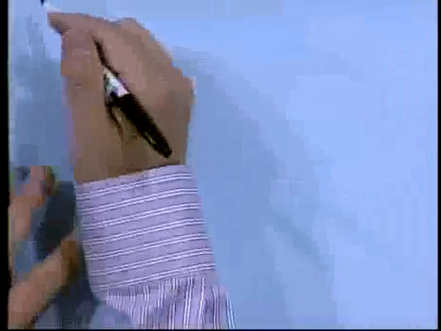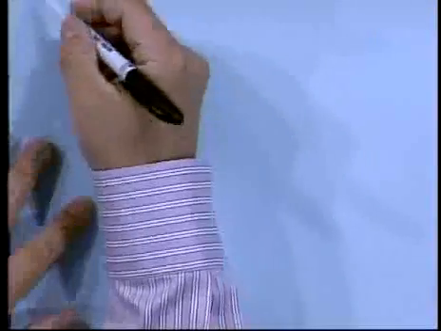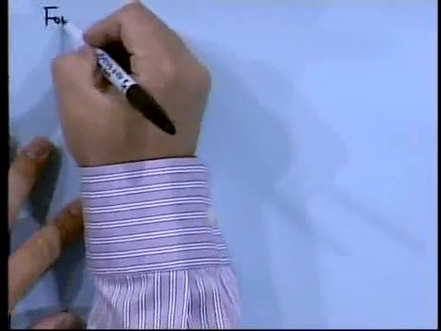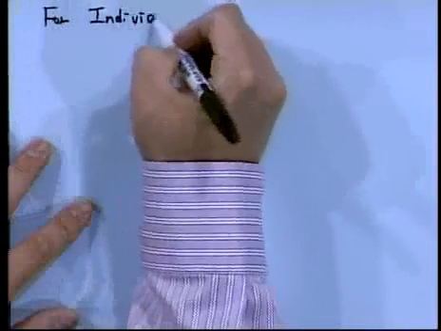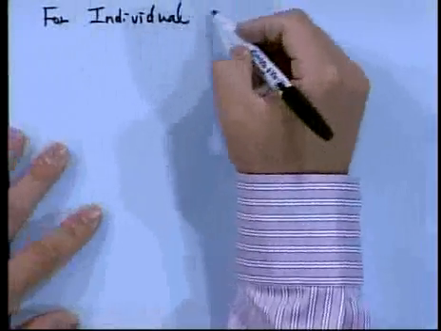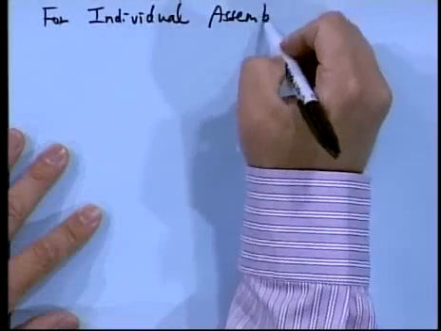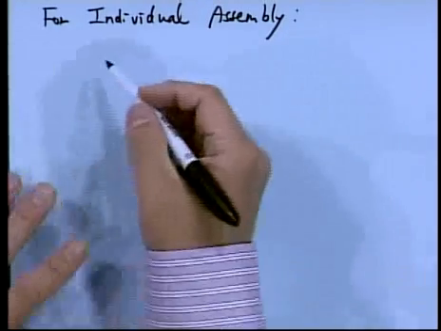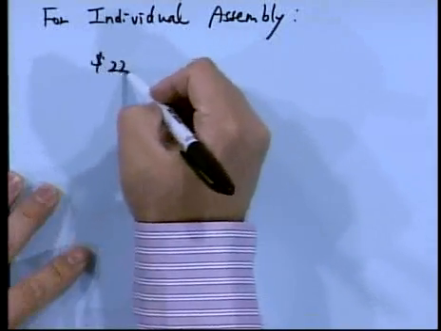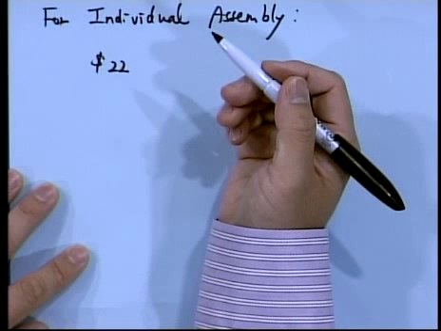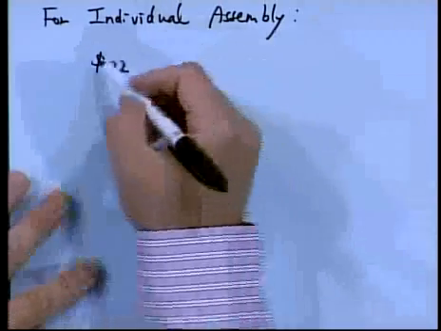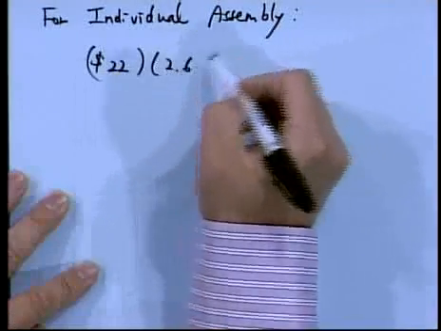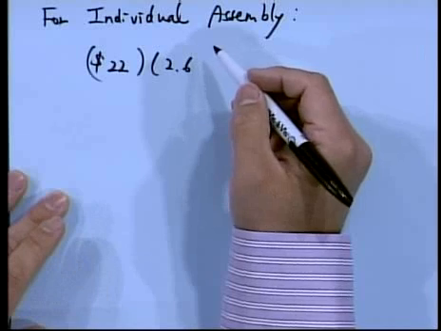So I'd say the first methodology is individual assembly. We need to pay $22 per hour for a skilled worker, and it would take him 2.6 hours to complete one unit.